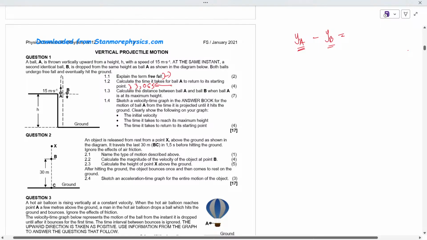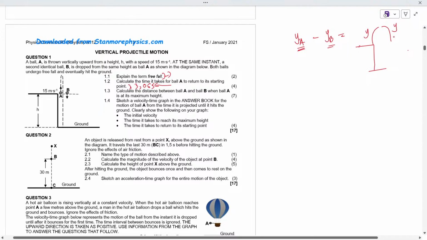One thing I know is that when an object reaches maximum height, the final velocity there is supposed to be zero. And then about the time, it is supposed to be the same. When it goes to the maximum height and returns back, I think it won't change.